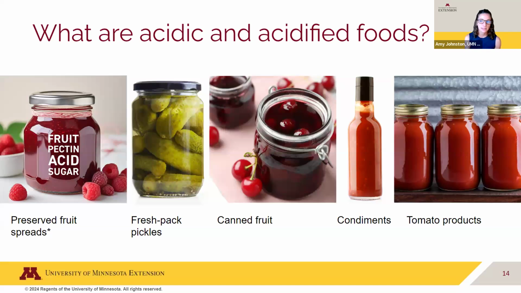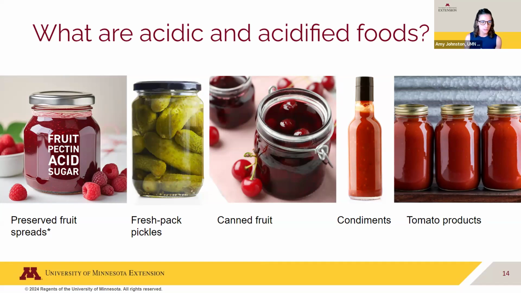However, if you're looking to sell your foods, these preserved fruit spreads aren't going to fall under the same regulations for licensed food products of acidified foods. I'm just mentioning it again because they do have that low pH and they are canned using a boiling water bath or an atmospheric steam canner.